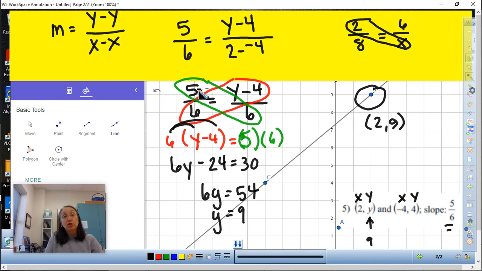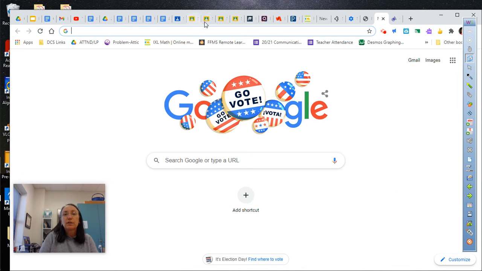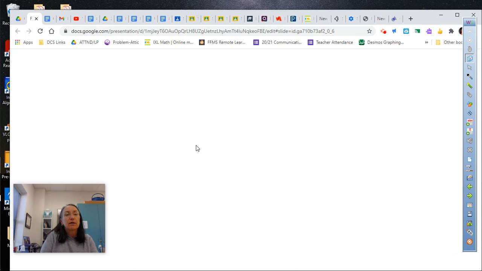So this is the algebraic version, and this is the graphic version of it. So I'm hopeful that this is helpful to you. And there are some other problems here that you can work with. Let me find them. Here they are.